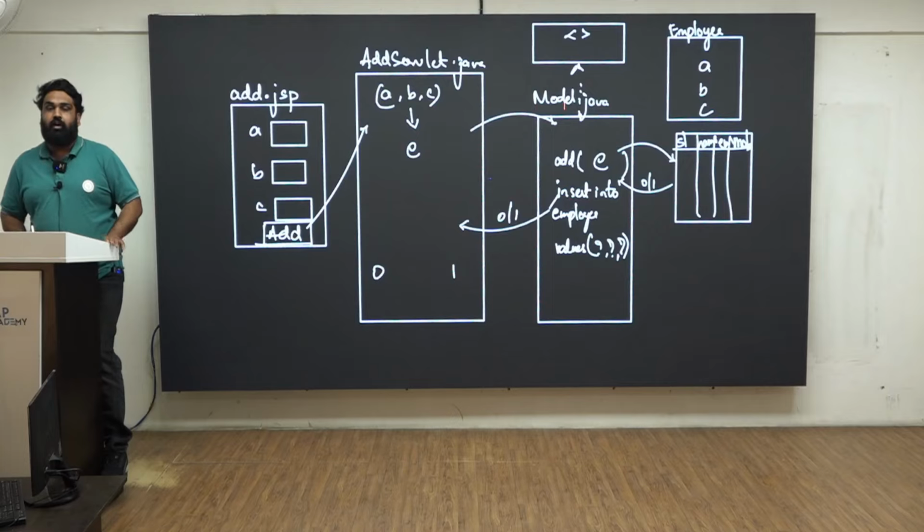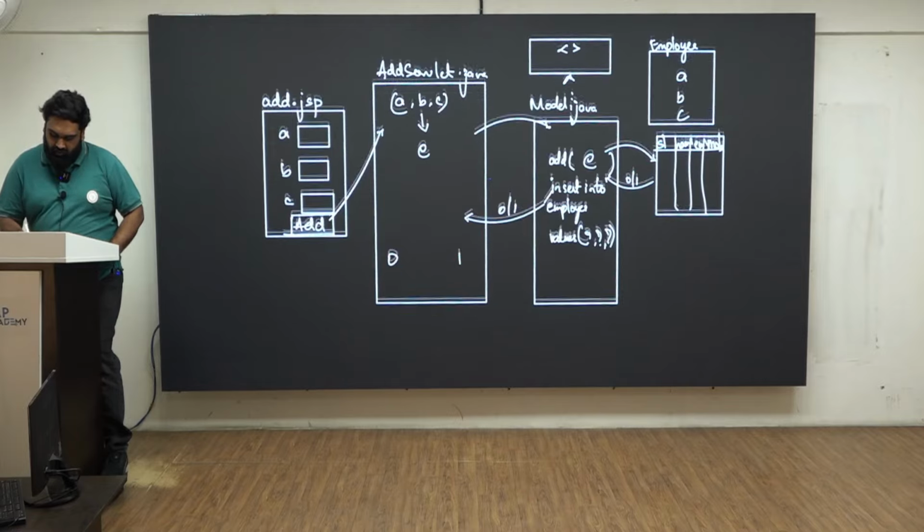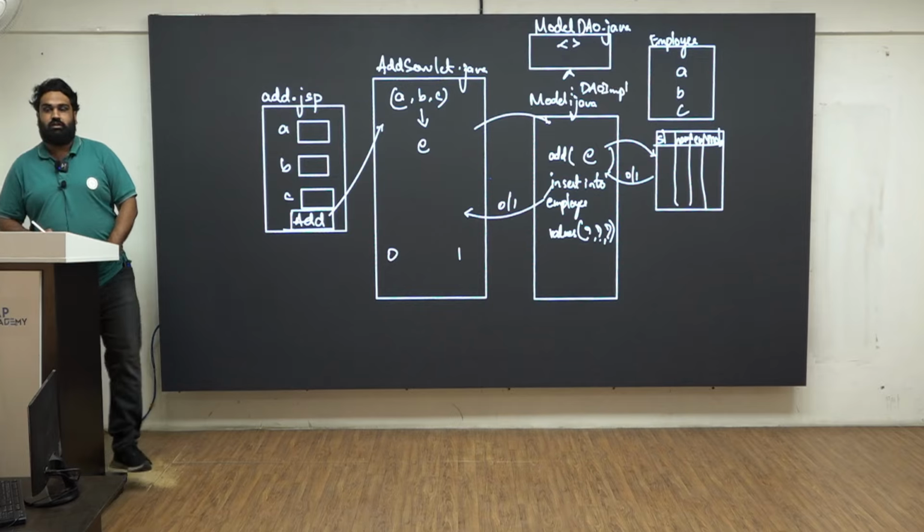And I will say model.java implements the interface, and whatever it is there here, this I will call it as model DAO.java, and this is model DAO IMPL.java.